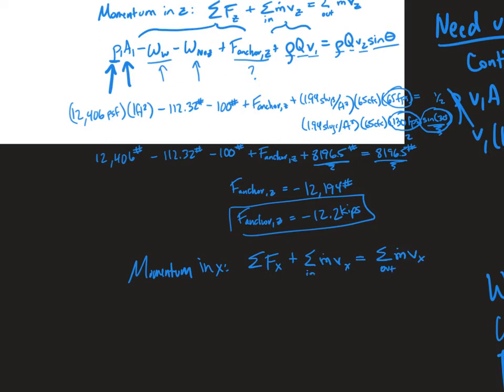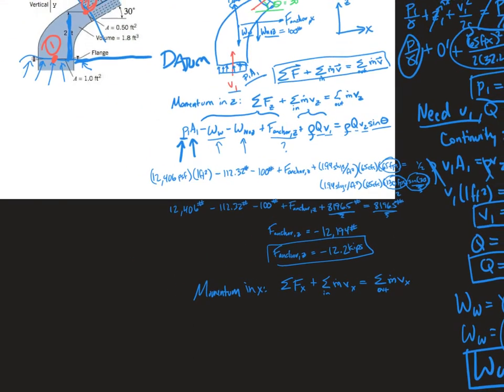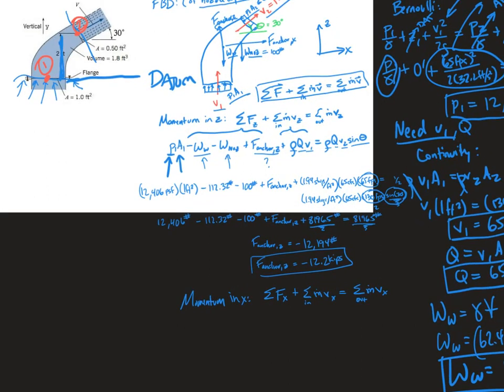So what we're going to do here is the same procedure. I want to look at my free body diagram, which is right there. The nice thing in this case is there's not really that much going on in the x direction. The only force in the x direction, well, there would be a P2A2, but there's no pressure there. So the only force in the x direction is F anchor x.